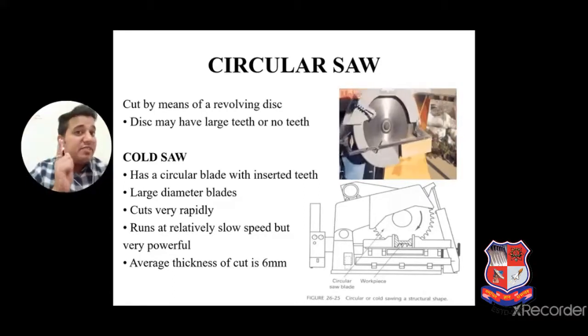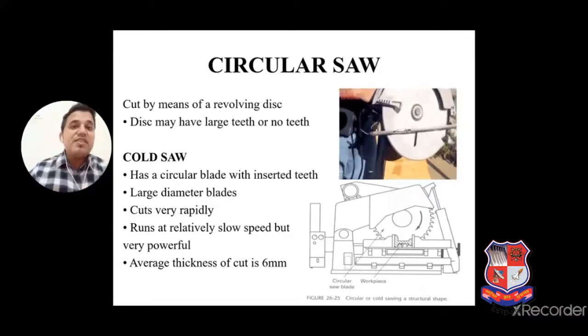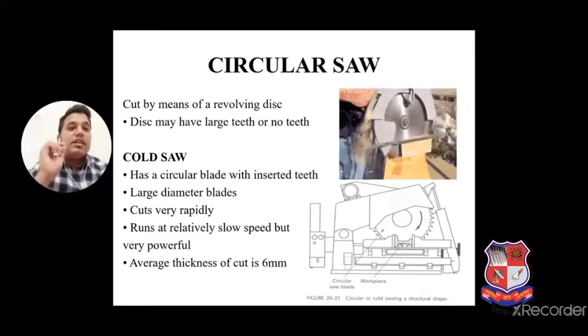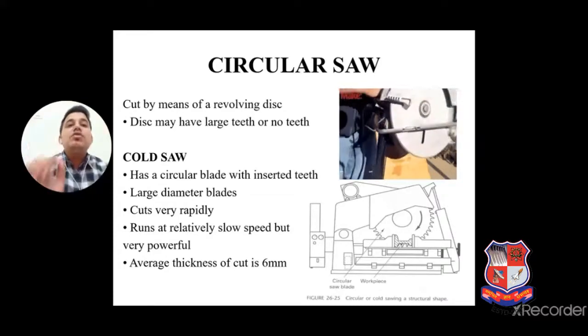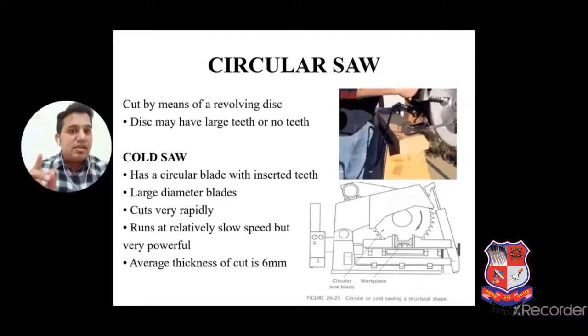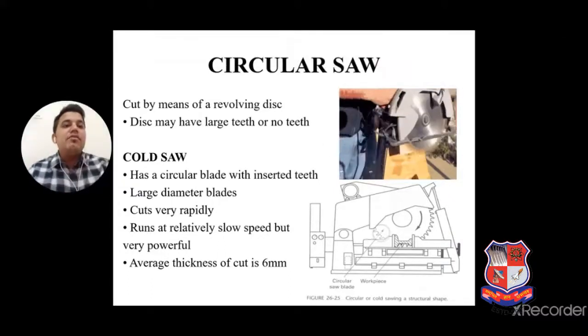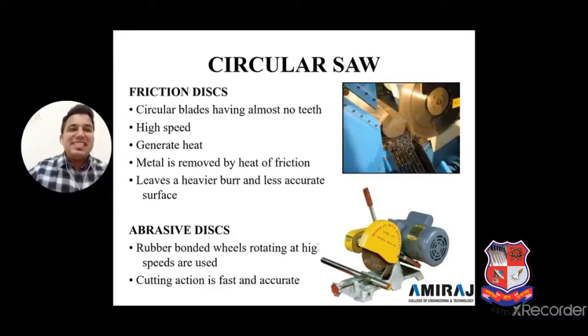This is a very important point we have to learn as a mechanical engineer. This is the specification: each and every cold saw has a minimum 6 mm thickness of the cutter. So this is the cold saw. Now the other two types that we have to learn are the friction disc and the abrasive disc. The friction disc is a circular blade having almost no teeth.